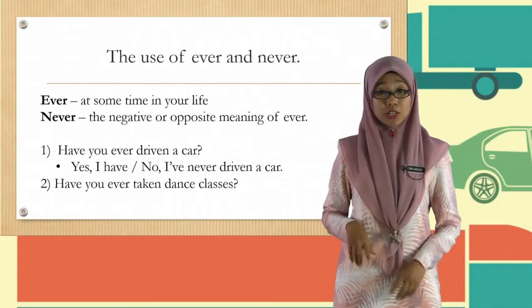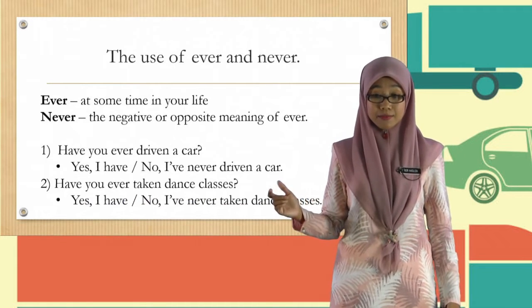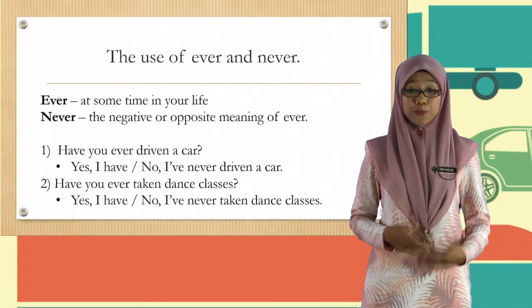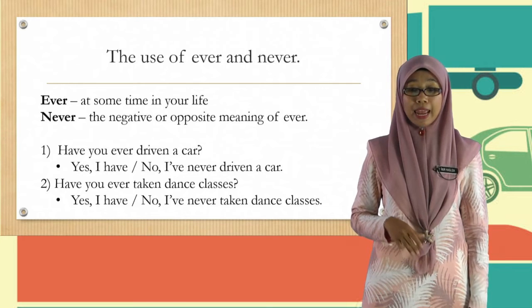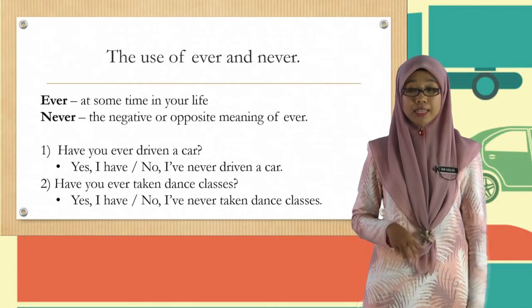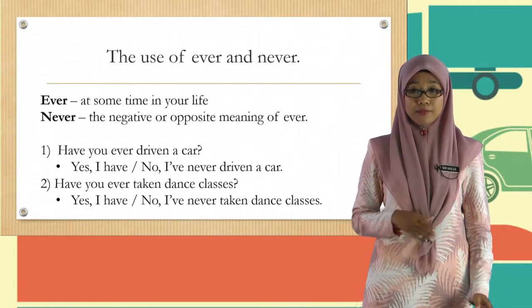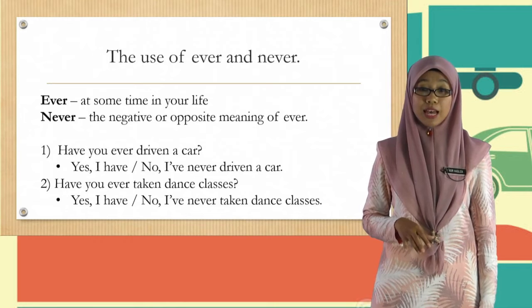You can give a short answer, either yes, I have, or no, I've never taken dance classes, to mean that you have not taken dance classes in your life before.